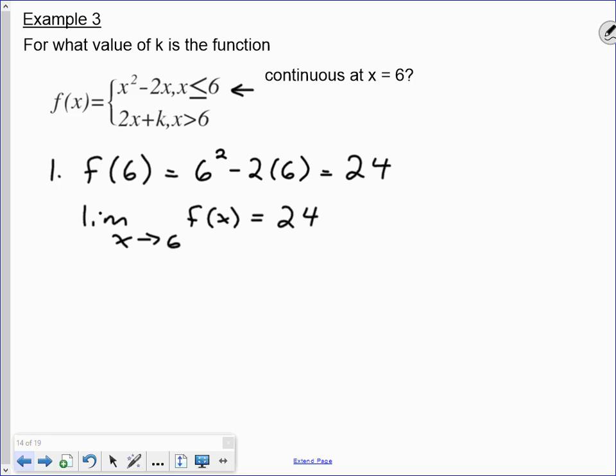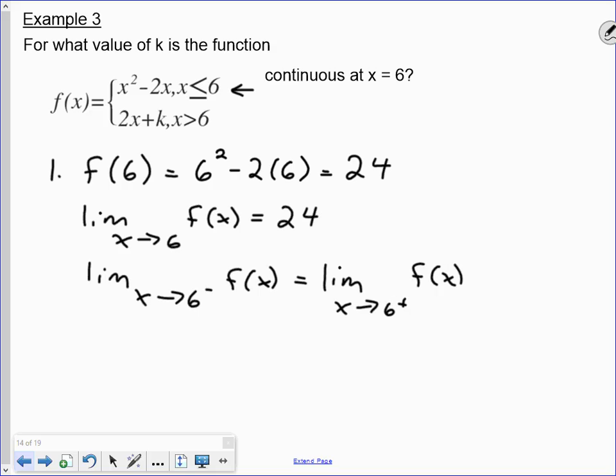For the limit to exist, the limit as x tends to 6 from the left of f at x must equal the limit as x tends to 6 from the right of f at x, and both of those are going to have to equal 24 as well, because they have to equal the same thing and the limit has to equal 24.